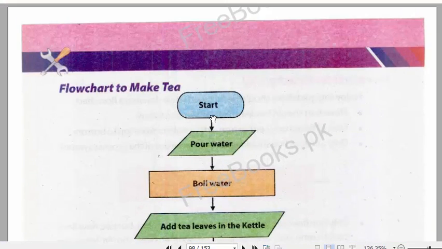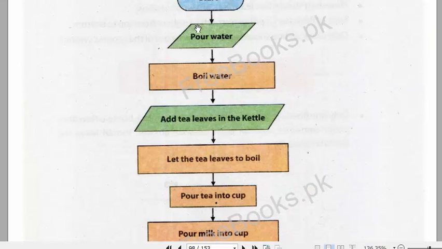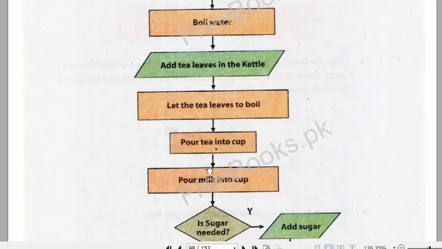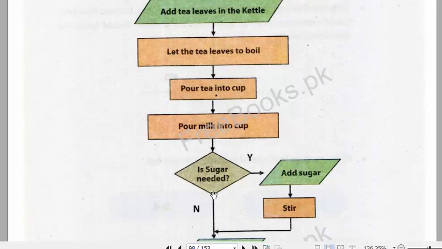This symbol is used to highlight the start and stop of the program. This one is used for input and output. This one is used for decisions. Again, input output, decision, condition.